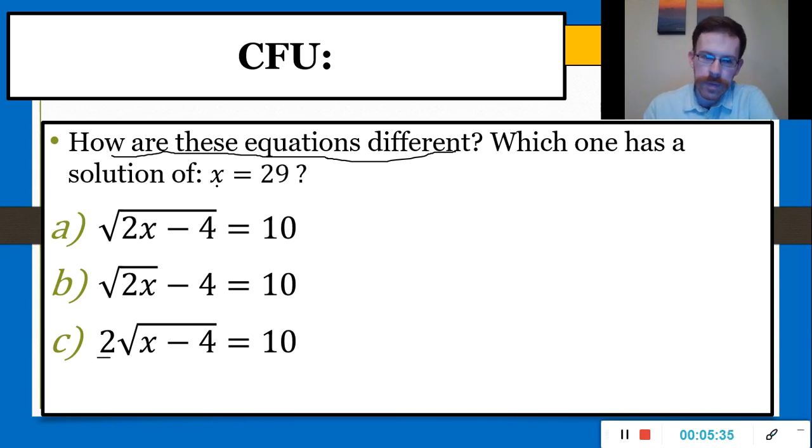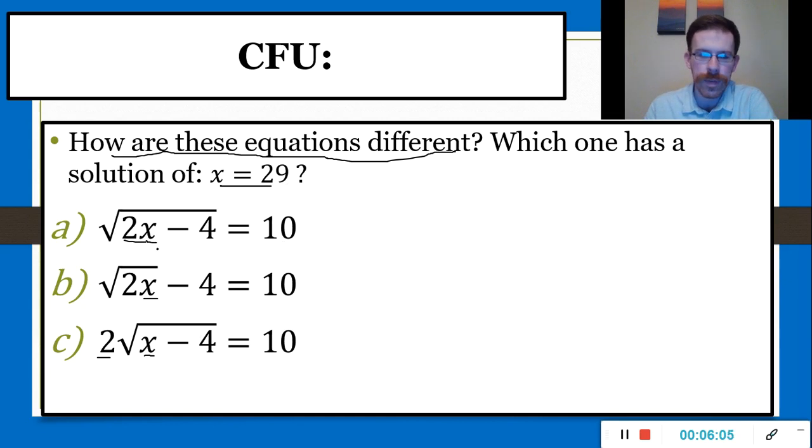Now, if you want to figure out which one has a solution of x is equal to 29, there are two ways you can tackle that. First, you could just do the inverse operations and figure out which one has x equal to 29 at the end. Or you can take x is 29, plug it in for x, and see if it works. Let's just tackle the first one. Let's see if it's the first one.